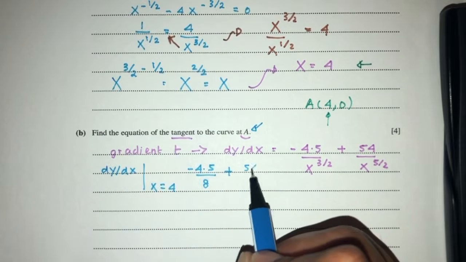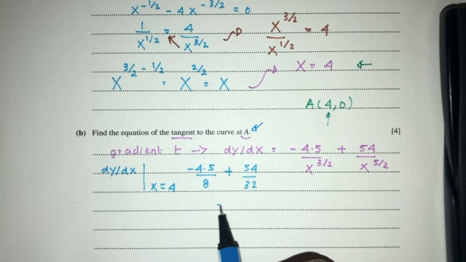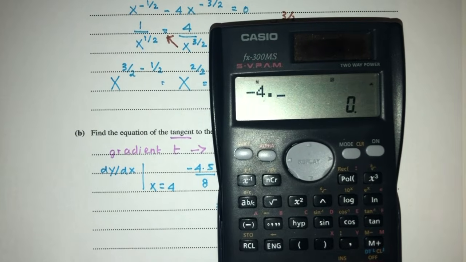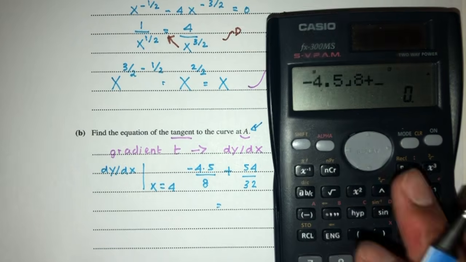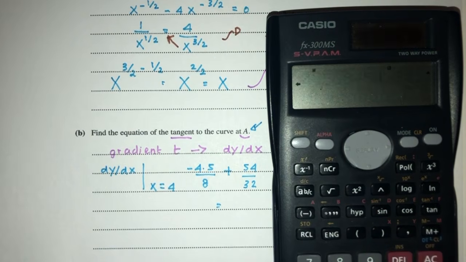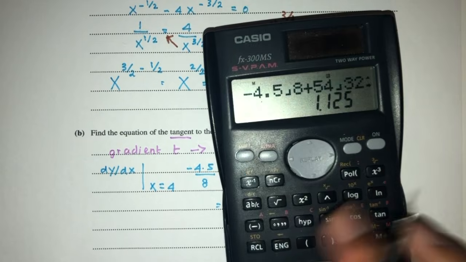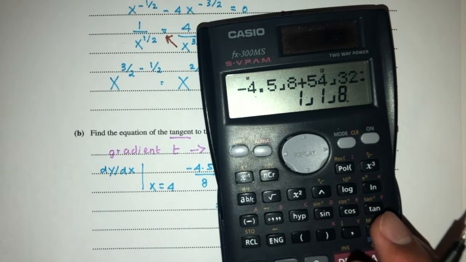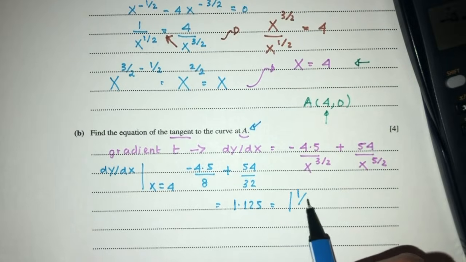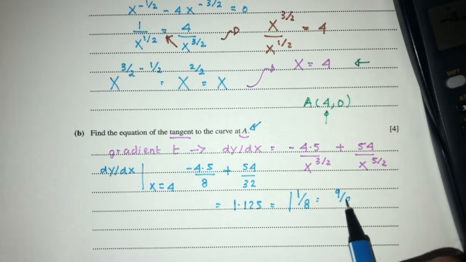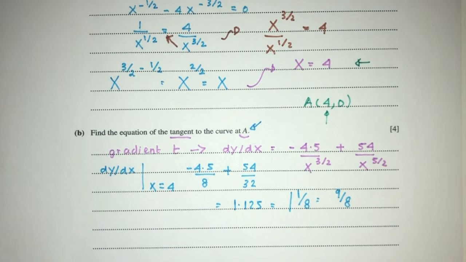So 54 over 32. Minus 4.5 over 8 plus 54 over 32 should be 1.125. Or you can write in terms of fraction, that should be 1 and 1 over 8, which is equal to 9 over 8. That will be my gradient of the tangent.